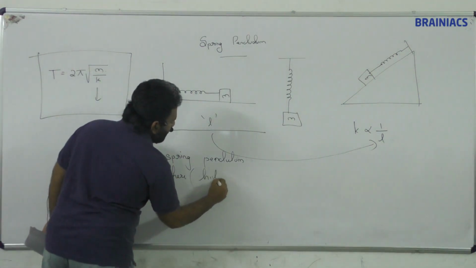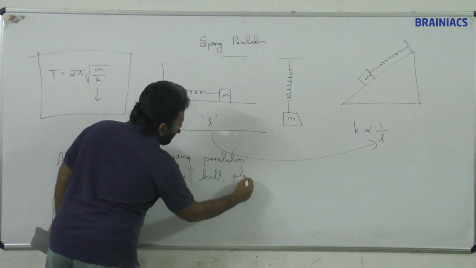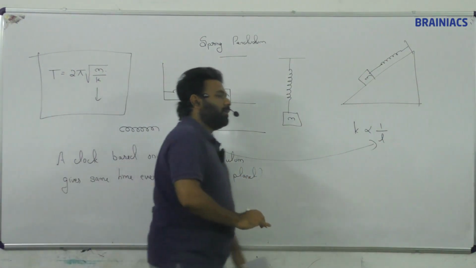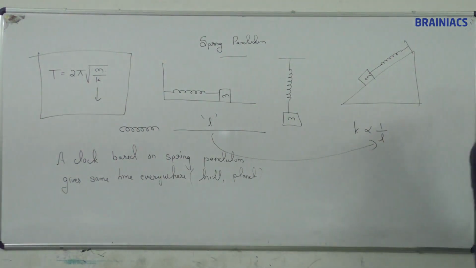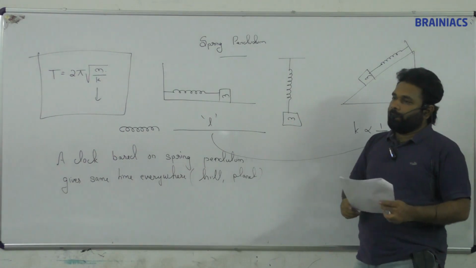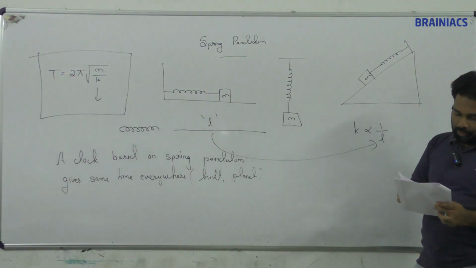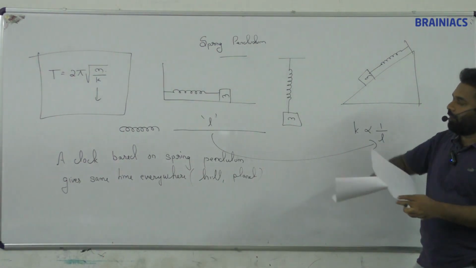Even if we keep it on a hill or some other planet, wherever we keep it, this is going to give us the exact timing, because this does not depend on the length and acceleration due to gravity. So that is one point.